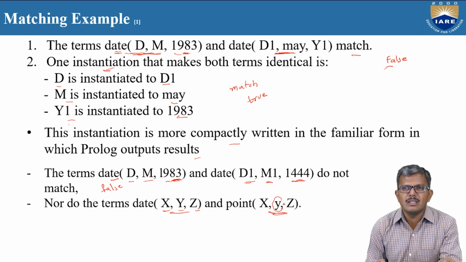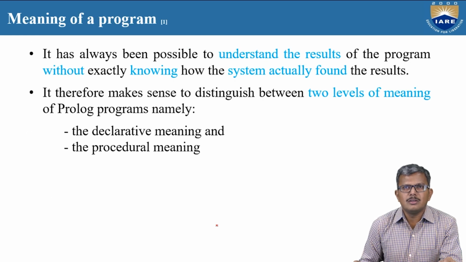Whenever I write a small y, it is not treated as a variable, but as some kind of value. So practice these kinds of things, and observe how Prolog gives the answers when you perform the matching or comparison of these two kinds of things.